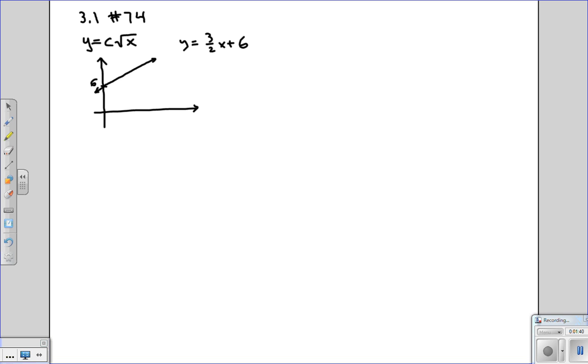And so for different values of c, c times square root x might look something like this, or it might look something like this. The key here is we want c times square root x to be tangent to the line 3/2 x plus 6. So in particular, there's going to be a special one that is just barely tangent to it.